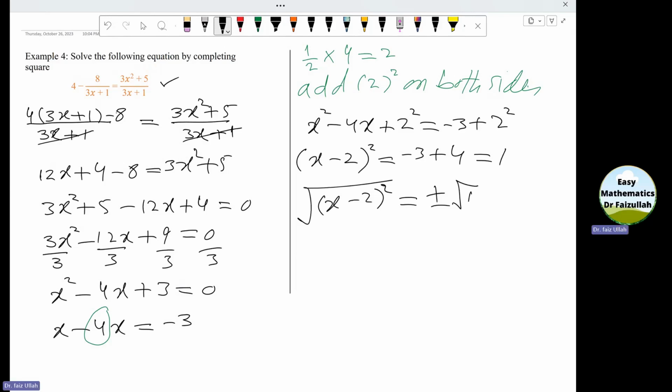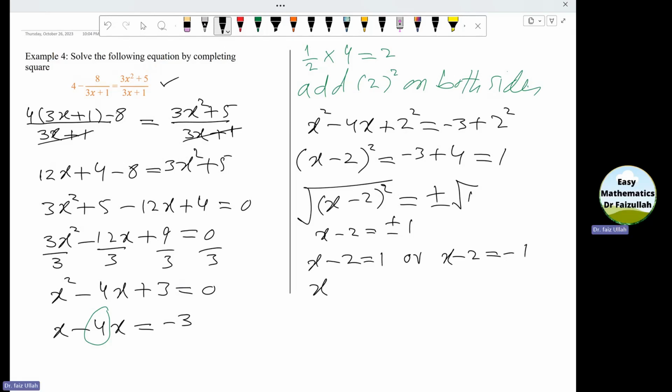From the left hand side we get x minus 2 is equal to plus minus 1. And from this now we get two equations. X minus 2 is equal to plus 1 or x minus 2 is equal to minus 1.